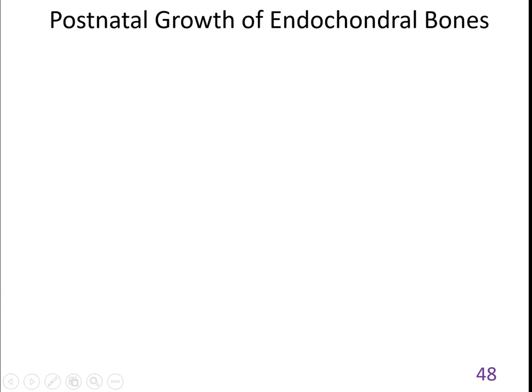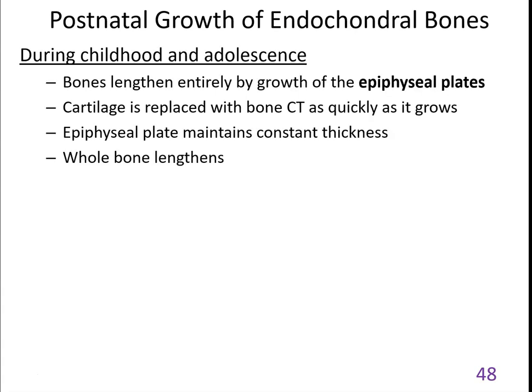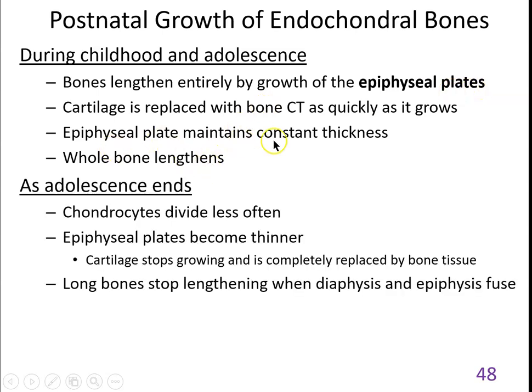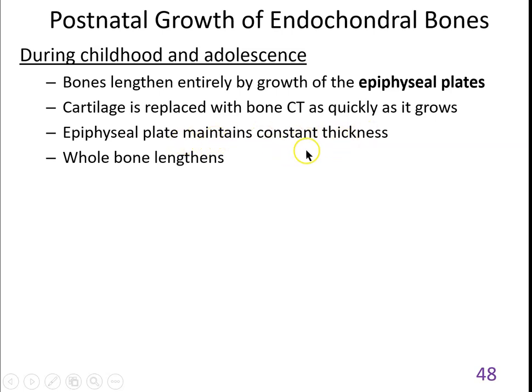So then we get these big patterns of how the bones develop, and that's what this is showing us. So during childhood and adolescence, bones lengthen through endochondral ossification at the epiphyseal plate. And yeah, the epiphyseal plate maintains a constant thickness, right?